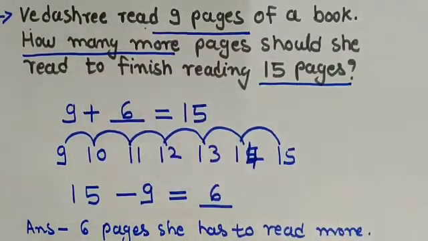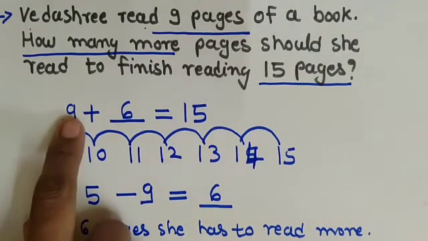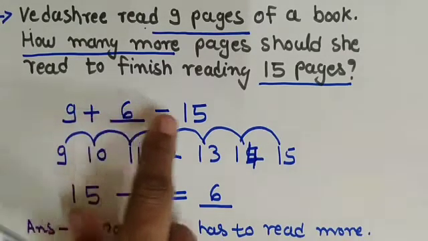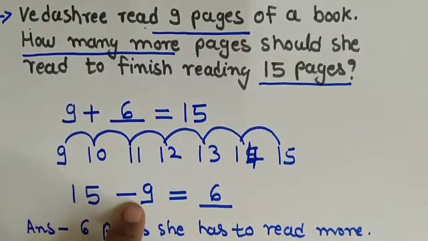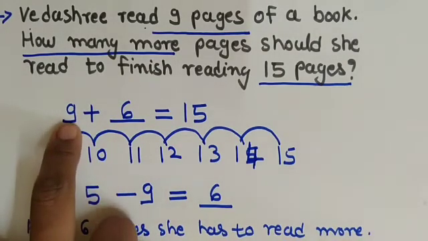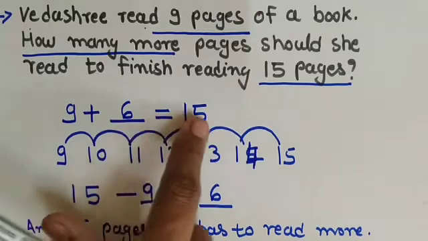So children, what did you understand with this example? That you can solve this problem with addition also and with subtraction also. Here, if you are adding 9 plus 6, that equals 15.